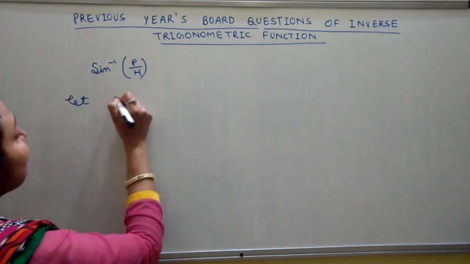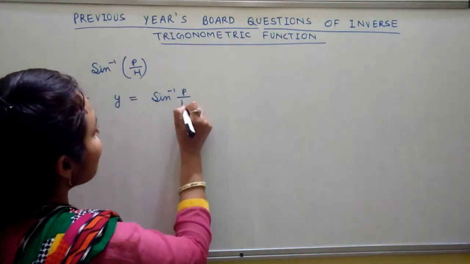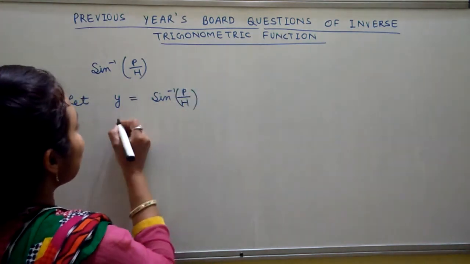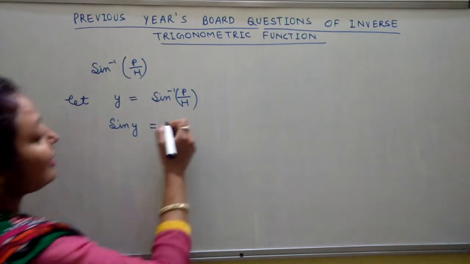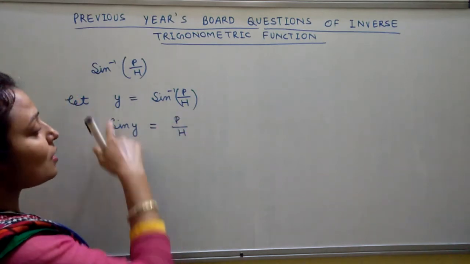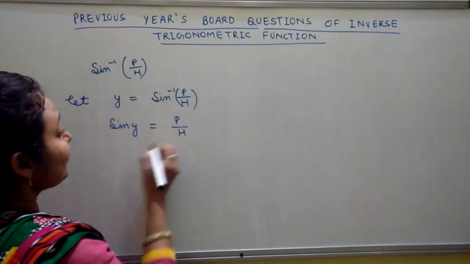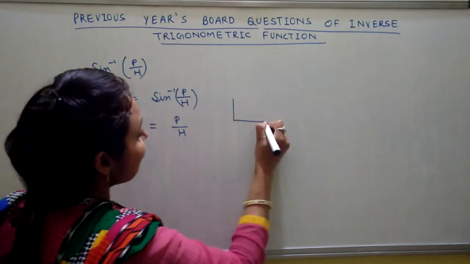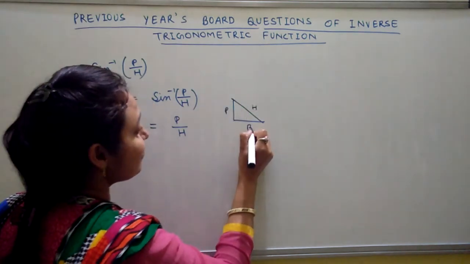Let y equal sine inverse p upon h. Apply sine on both sides. So I will have sine y equals p upon h. I want to find cos y in place of p upon h. In a right angle triangle, we have perpendicular, hypotenuse and base, right?